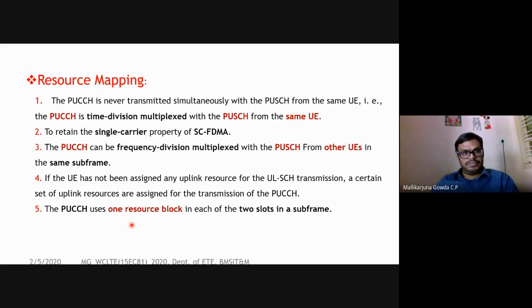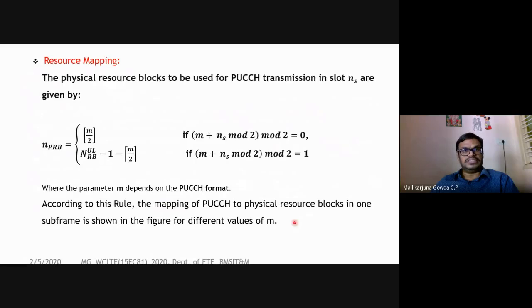As I said, PUCCH can be frequency division multiplexed with the PUSCH from other user equipments in the same subframe. PUCCH uses one resource block in each of the two slots in a subframe. Let me explain how the allocation is done.